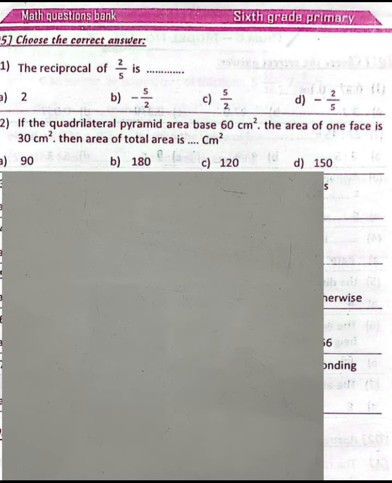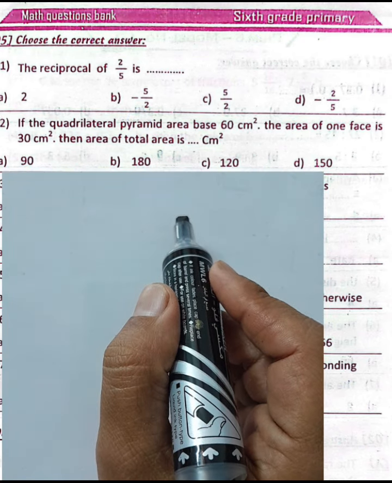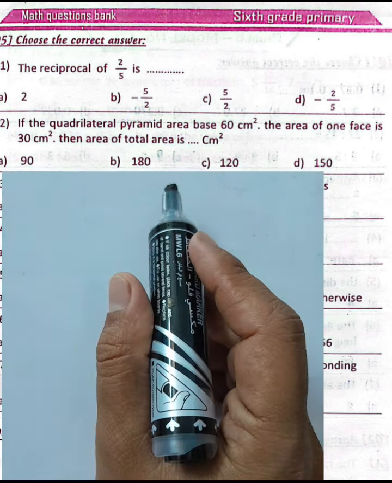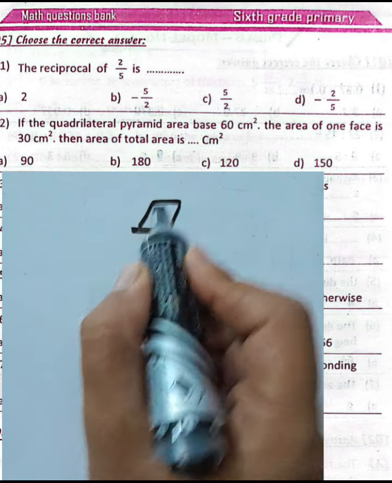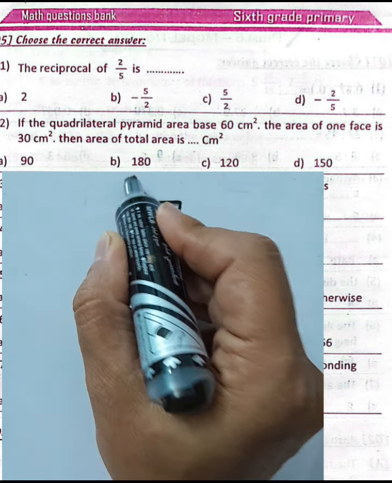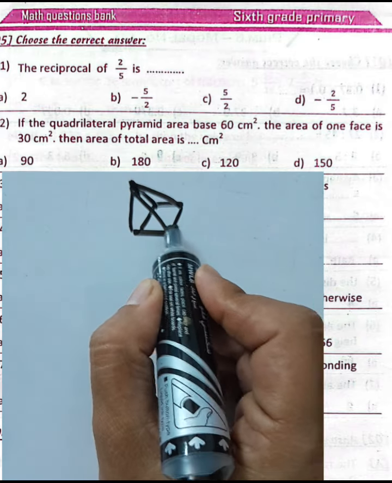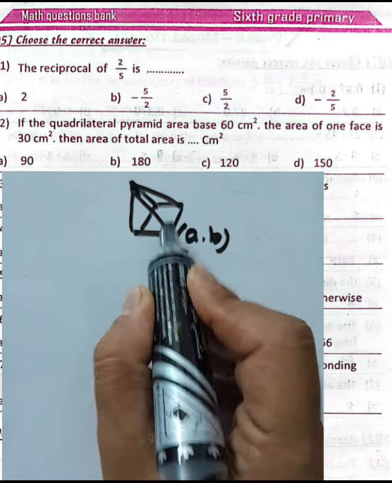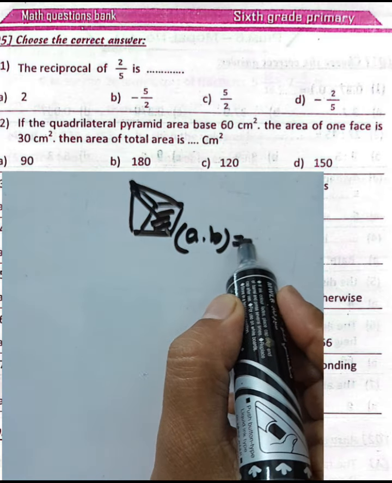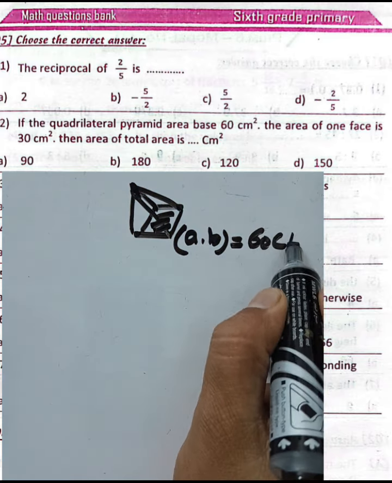Question number 2, if the square pyramid base area, okay, we have here a square pyramid, and he gives us the area of the base. The area of the base was 60 square centimeters.